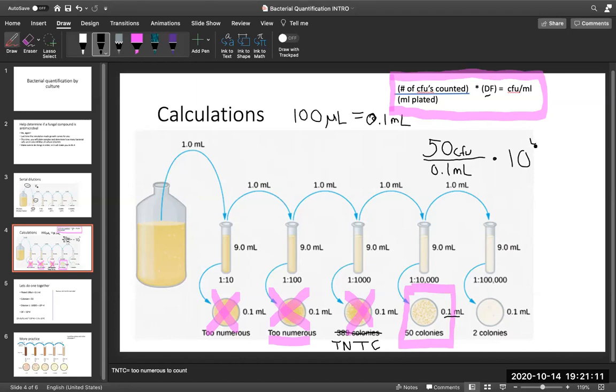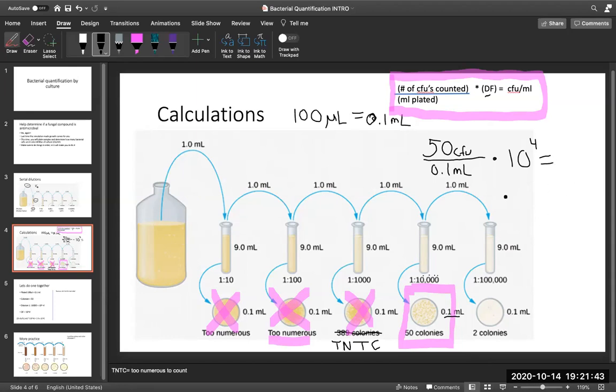And you could always put 10 to the 4 in your calculator, if you were nervous you did that correctly, and you would see that has 1, 2, 3, 4 zeros, and this here has 1, 2, 3, 4 zeros. So yes, this is indeed 10 to the 4th. And again, it's the dilution factor, so it's not a negative power, it's a positive power, because we want to put back what we diluted.